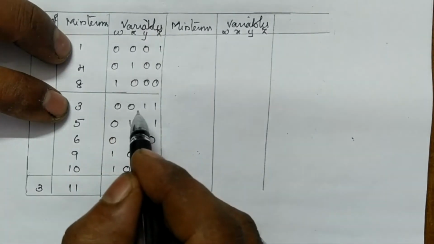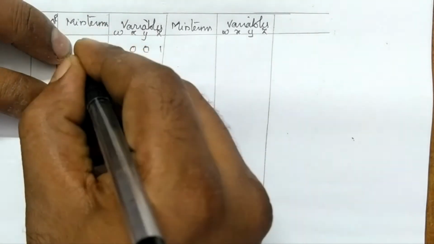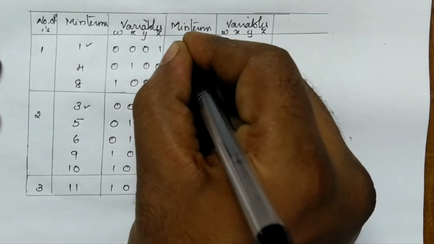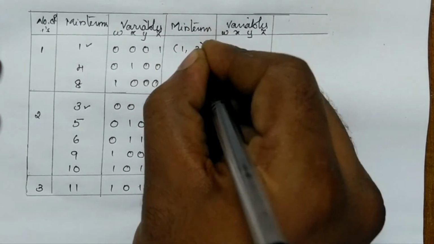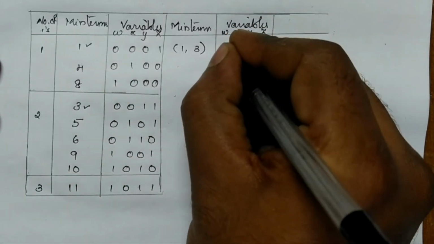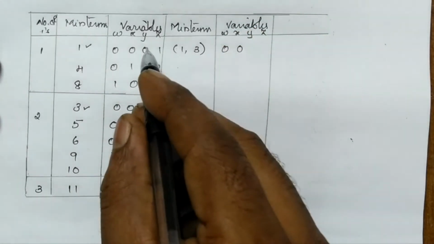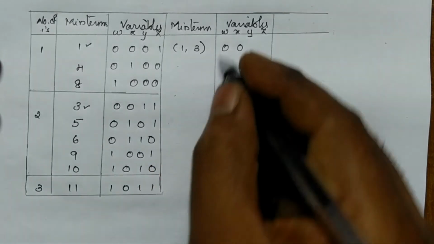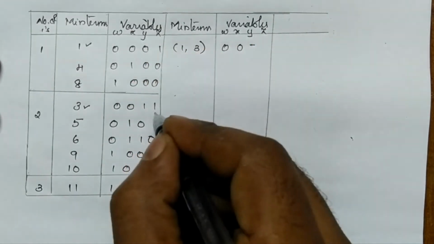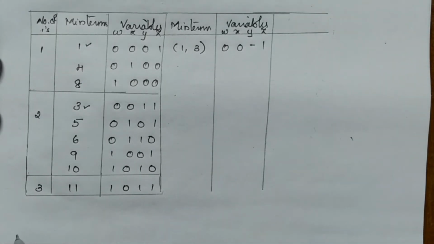Therefore we can group 1 and 3. The group name is 1, 3, and the values are 0 0, then a dash for the 0 1 change, then last bit 1.